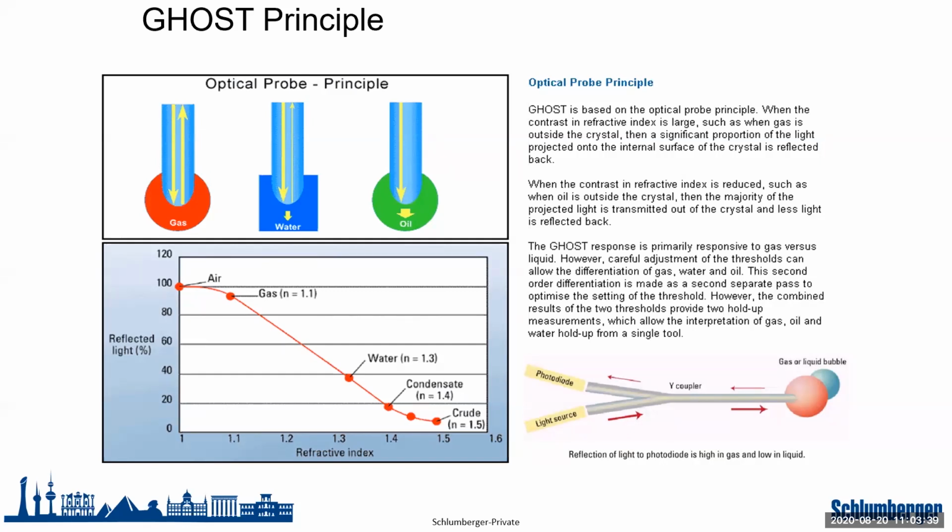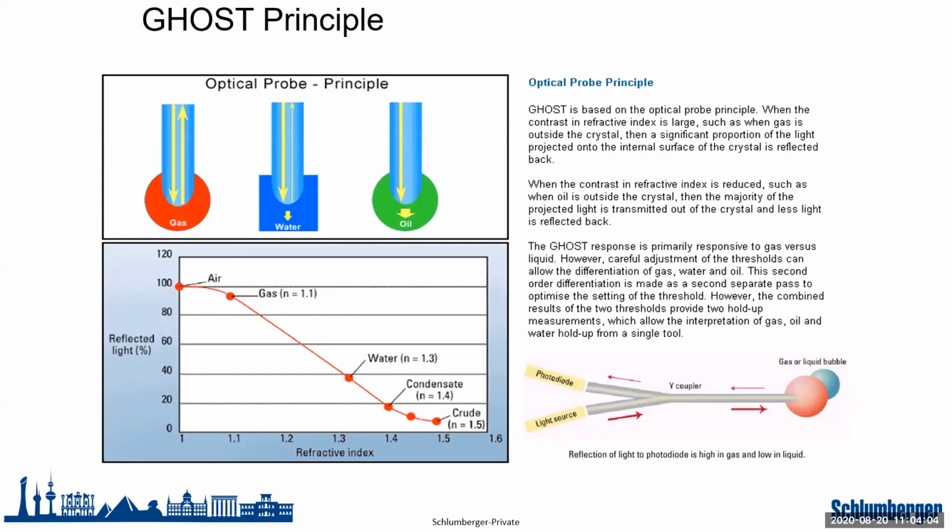In this case, my tool is going to contain 2 items internally. It's going to contain what we call a photodiode, and it's going to contain an LED, basically a small lamp, a light source. These 2 are going to be connected by fiber optics to the optical probe, the one that is actually facing the wellbore.